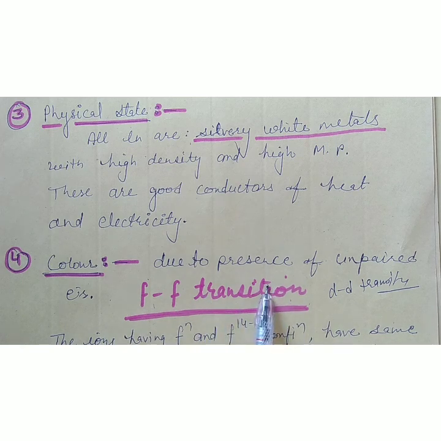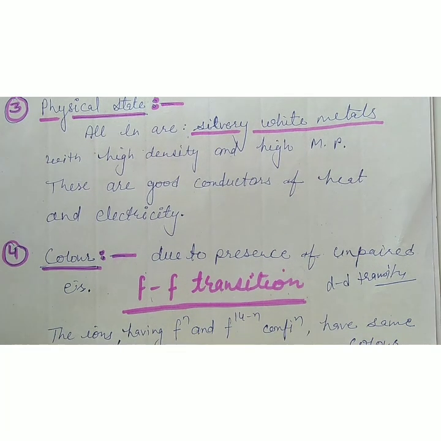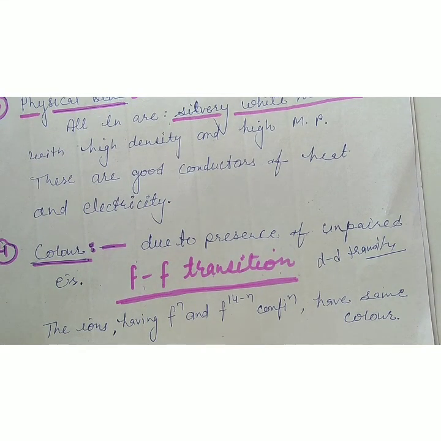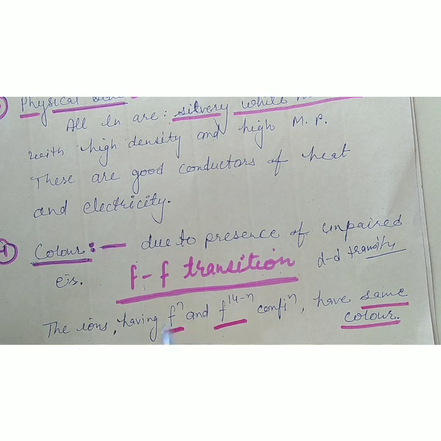If unpaired electrons are present, the compound will be colored. If all the electrons are paired, the compound will be colorless. Okay, the most important thing here is that ions with fn and f14-n configuration have the same color. What is the meaning of this?